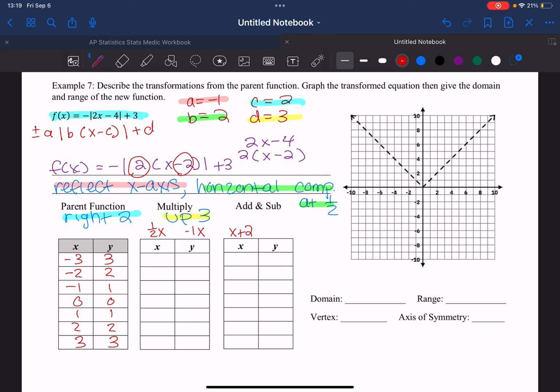That is my bad. And then we are going to add 3 to y because we are going up 3. Let me highlight everything so you can go back and see where it's coming from.